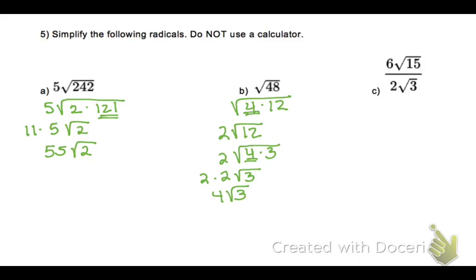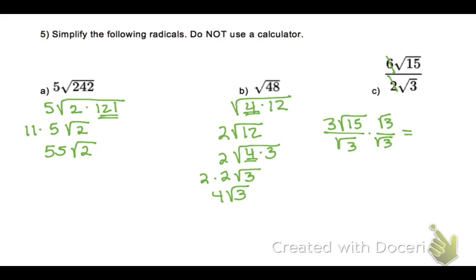Okay. So C. Right off the bat, you notice that you can divide 6 by 2. And you're going to end up with 3 times the square root of 15 over the square root of 3. And you know that we need to clean up that radical away from the denominator. So we're going to multiply by square root of 3 over square root of 3, which is effectively multiplying by 1.